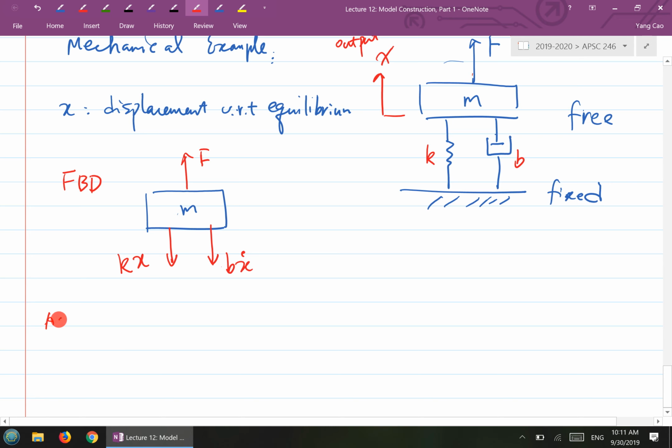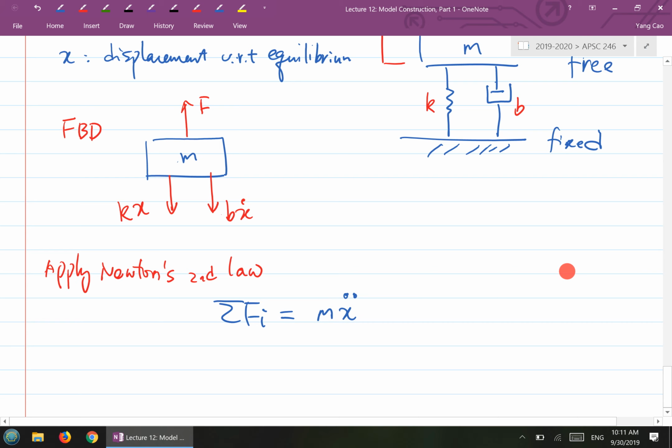Then you apply Newton's second law, just like you applied KCL for electrical circuits. Newton's second law says the total amount of force equals the mass times acceleration. So the total force equals m times x double dot.